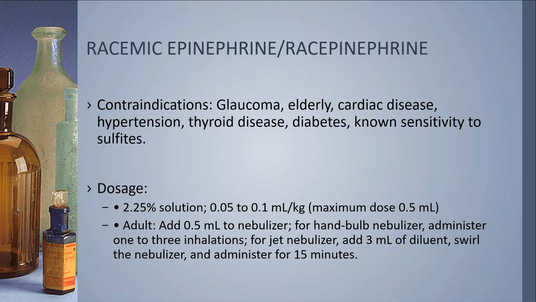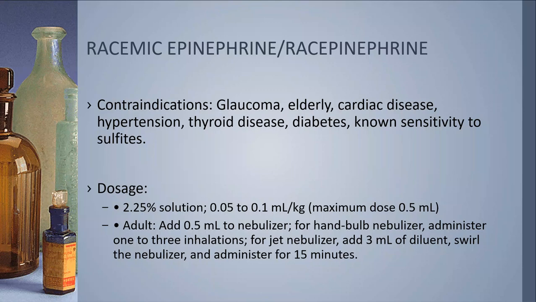So we're going to have about a 2.25% solution, and we'll put that into a nebulizer at a dosing range of 0.05 to 0.1 milliliter per kilogram, and the maximum dose that you're going to give your patient, regardless of their weight, is about 0.5 milliliters.